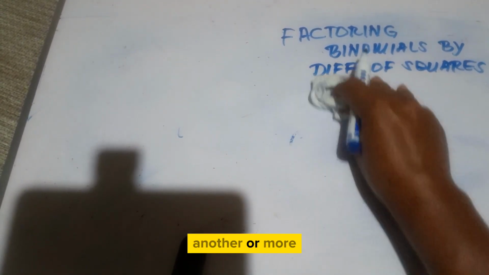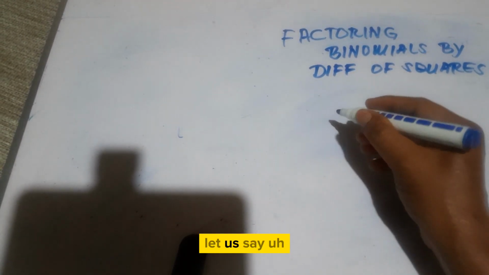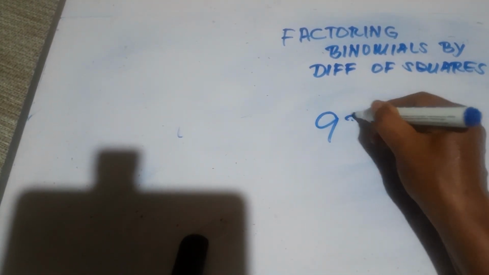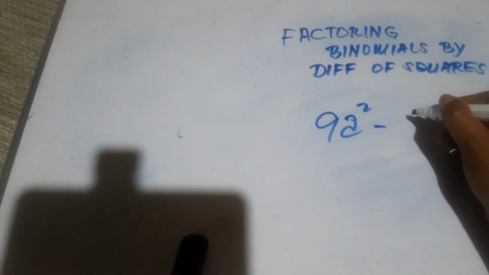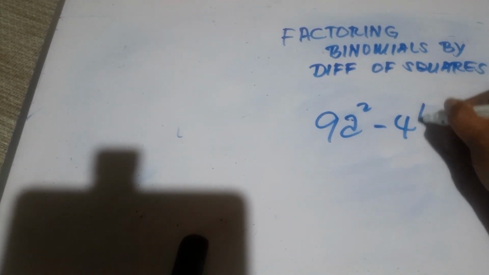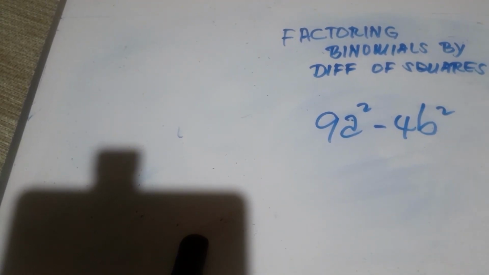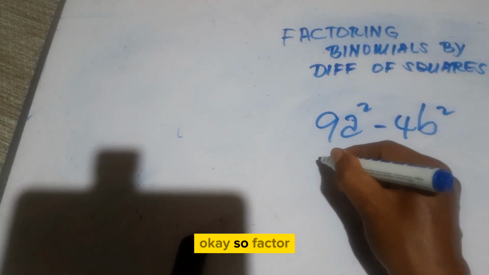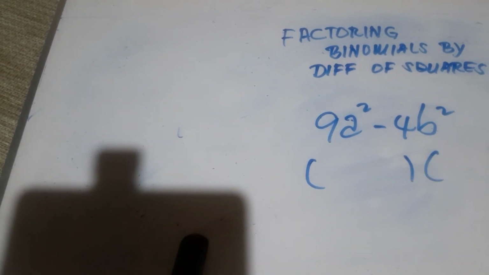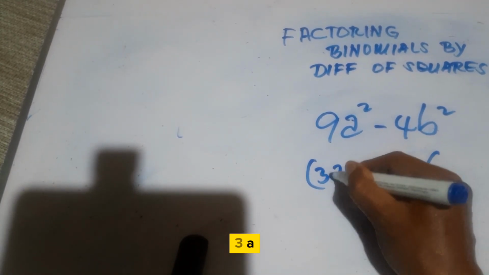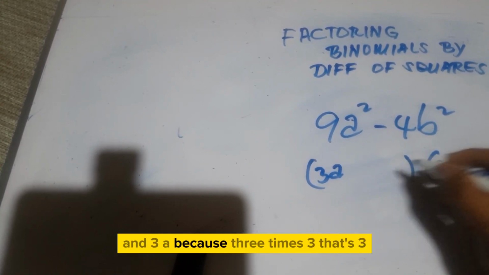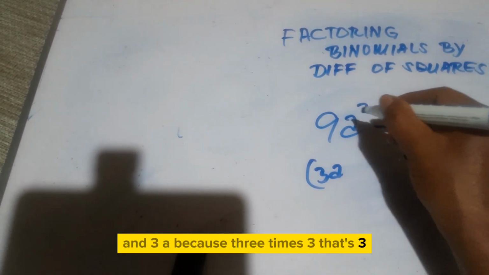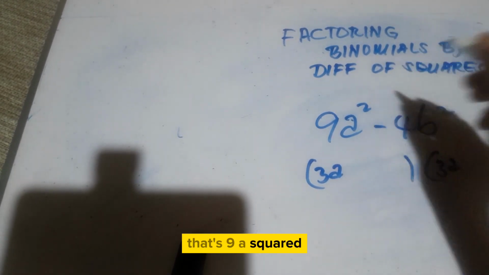Another, for more, let us say 9a squared minus 4b squared. So factor 3a and 3a, because 3 times 3 is 9, a squared.